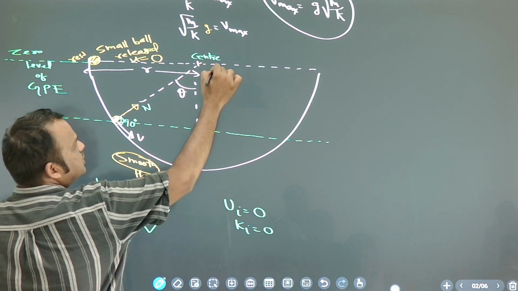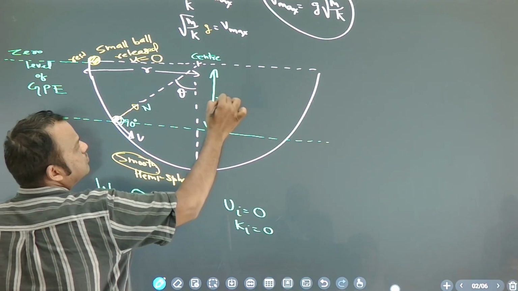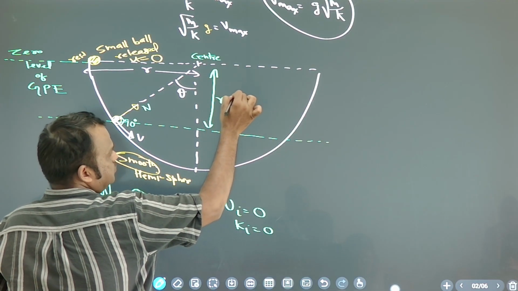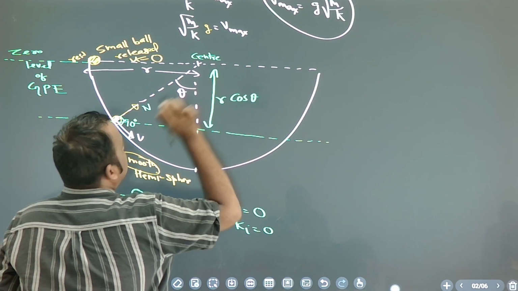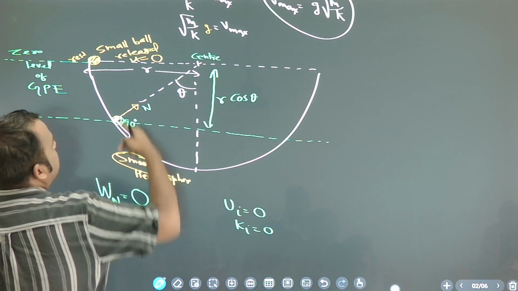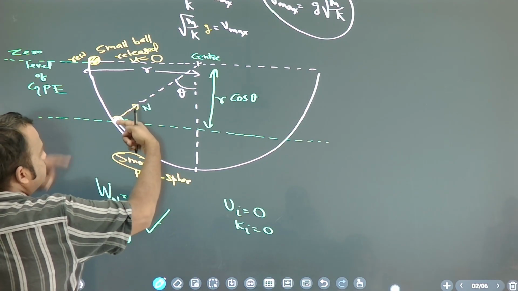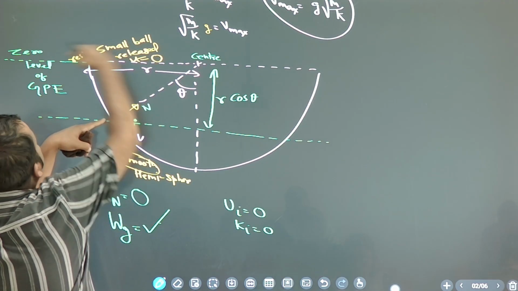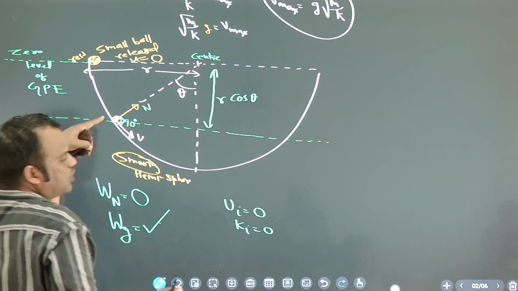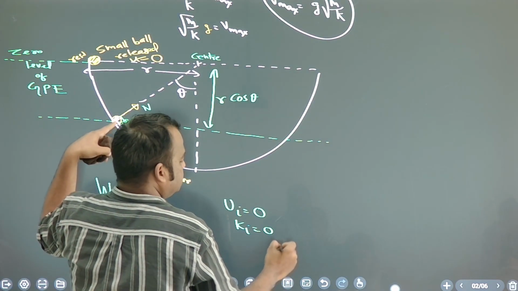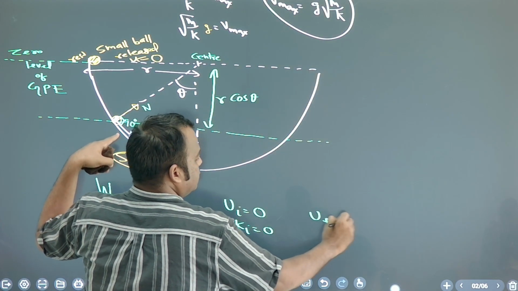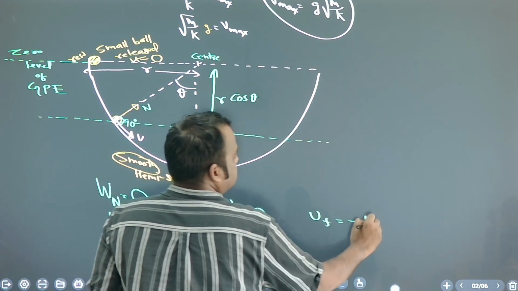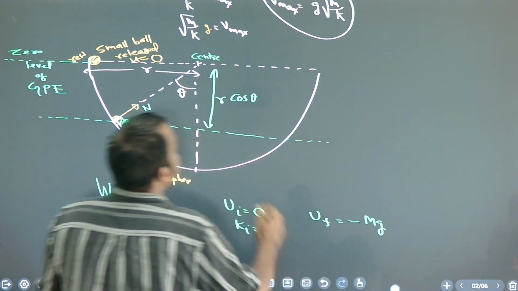So how much is this? R cos theta. So what is the gravitational potential energy here? This is 0 level. Now what is the gravitational potential energy? Minus mg R cos theta.